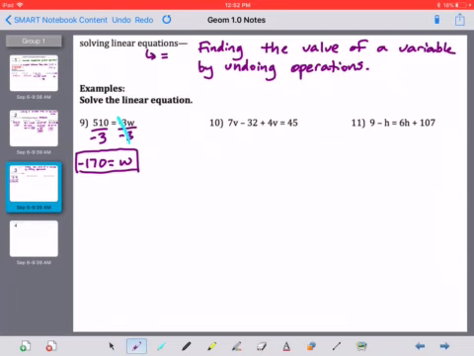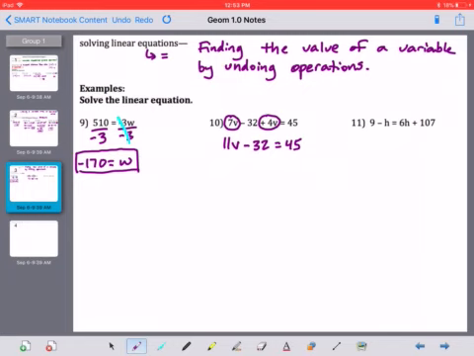Okay, number 10 is a little bit more challenging. Whenever you have the same variable on the same side of the equation, your first step is to combine like terms. So I have this 7v plus 4v is 11v. I still have this minus 32 equals 45. Now we have to get rid of that minus 32.